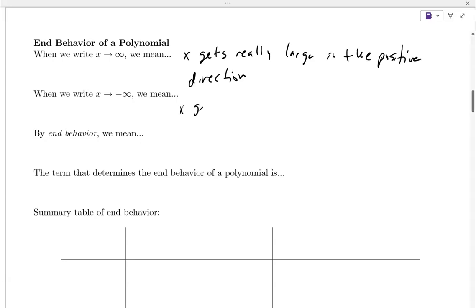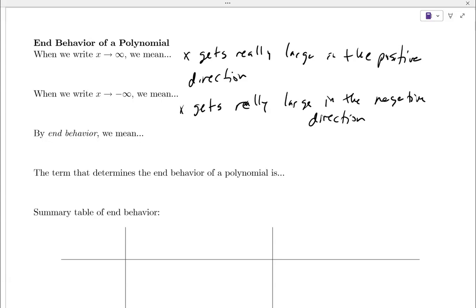Exactly right. This means x gets really large in the negative direction. All right, so that's what those symbols mean, and we're going to describe end behavior using them.